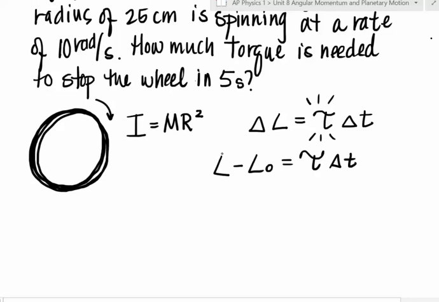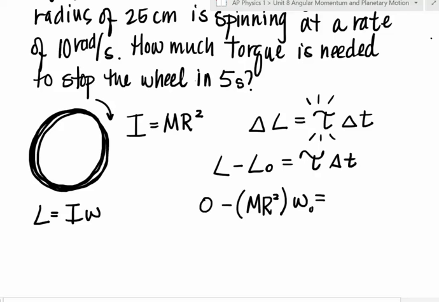Now, angular momentum is I times omega. So this final one would be I times omega. And if we're going to stop, what's the final angular speed? So what's the final angular momentum? 0 minus, okay, I for the hoop would be m r squared times omega initial equals torque times delta t.